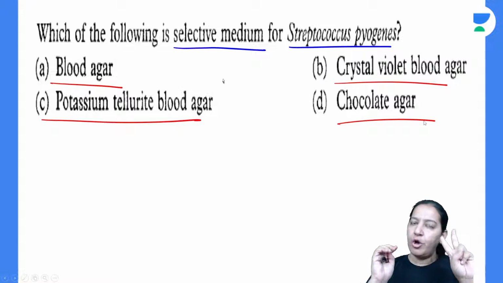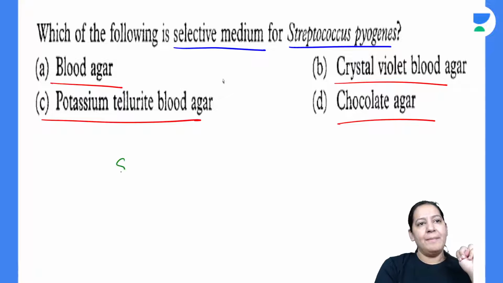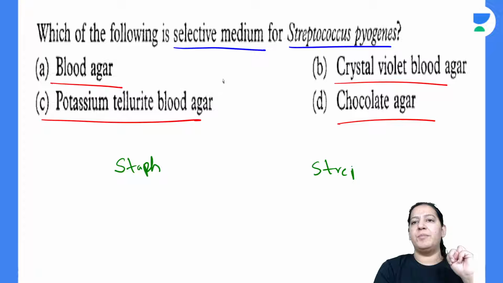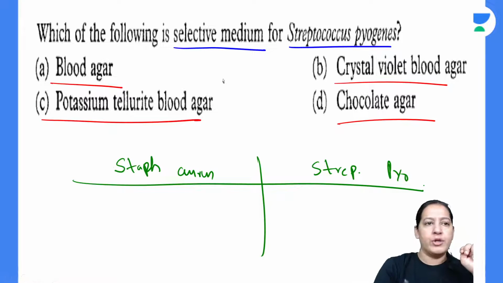I have told you 2 selective media for Streptococcus pyogenes. Tell me selective media for Staphylococcus aureus also, which I told you in yesterday's lecture. Here also I taught you 2 selective media.